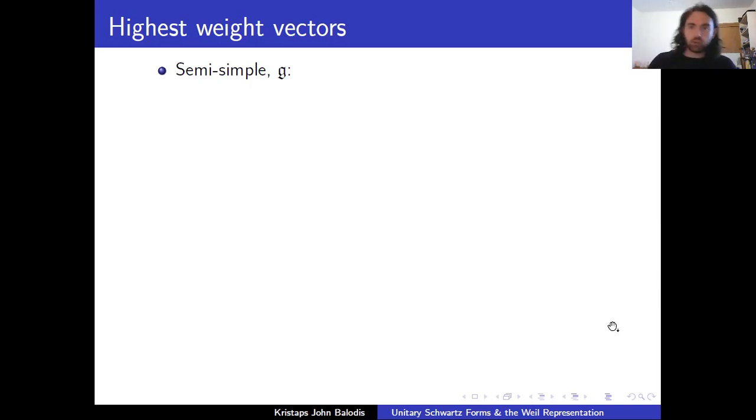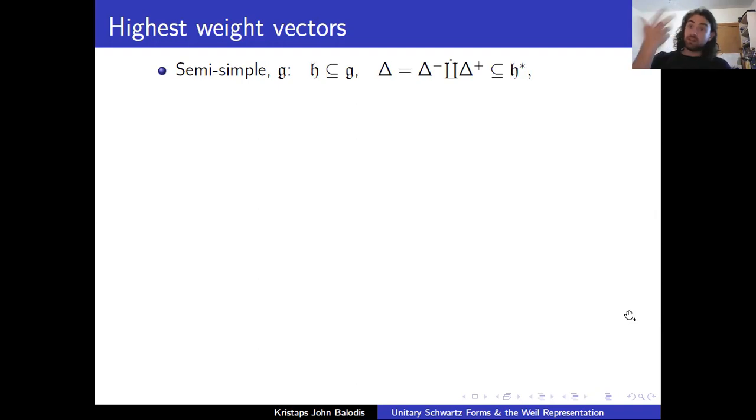So say we've got a Lie algebra and it's semi-simple. Forget what that means, it just means it's nice. One of the nice things about semi-simple Lie algebras is that they have a distinguished subalgebra called a Cartan subalgebra, which has several nice properties that we can infer the structure from.